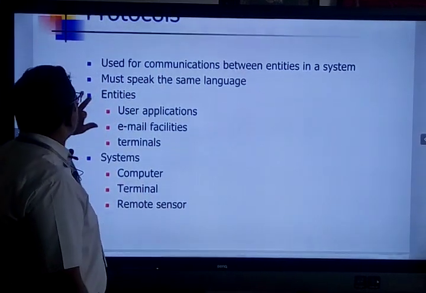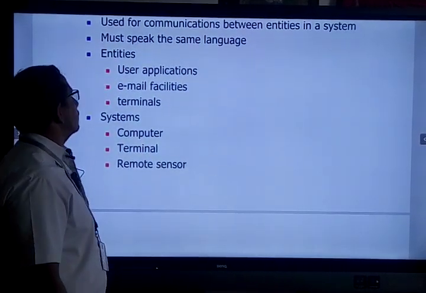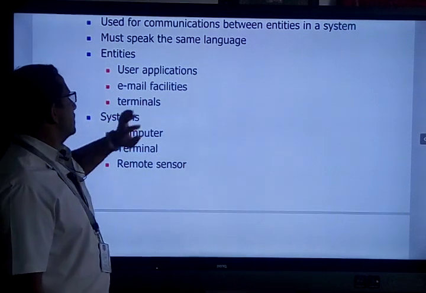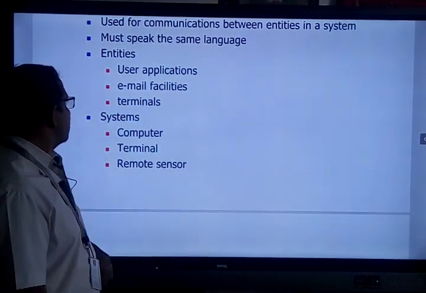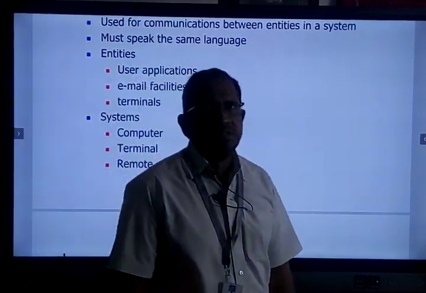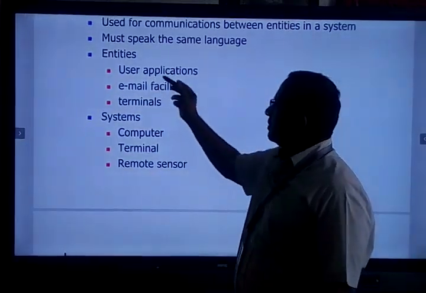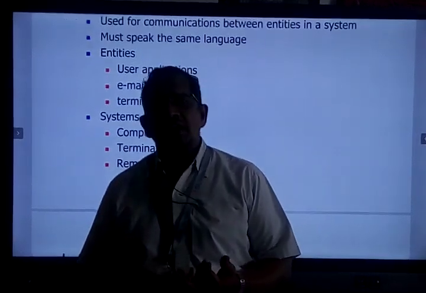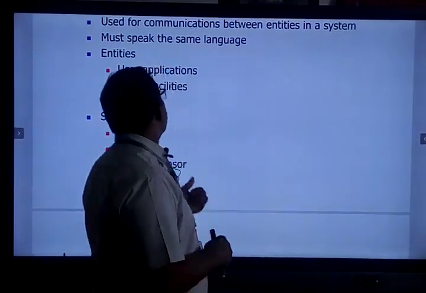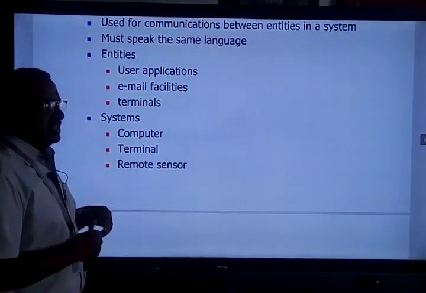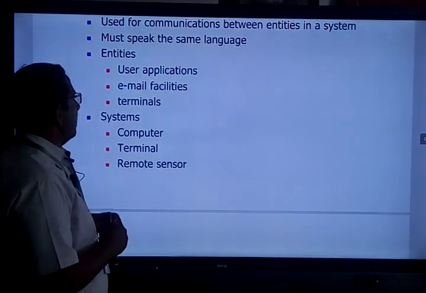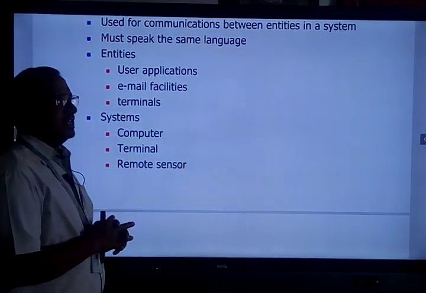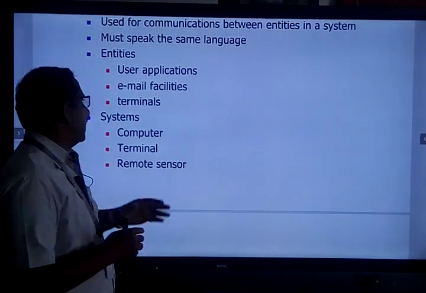Then what entities is the protocol going to use? The protocol is going to use user applications, email facilities and terminals. User applications will be manifold, like FTP, SMTP, Telnet. Email facilities are nothing but SMTP and many other facilities, and multimedia facilities we can have.